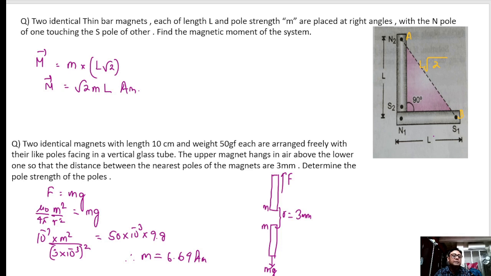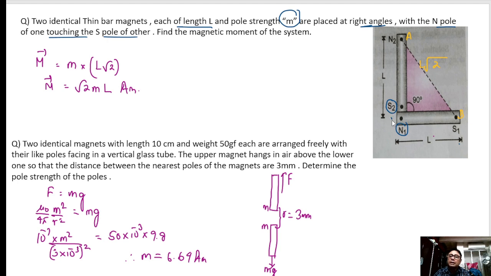Next, friends, let's see the sum. Two identical bar magnets, each of length L, so you can see L and L, with pole strengths given as M, are placed at right angles with the north pole of one touching the south pole of the other.